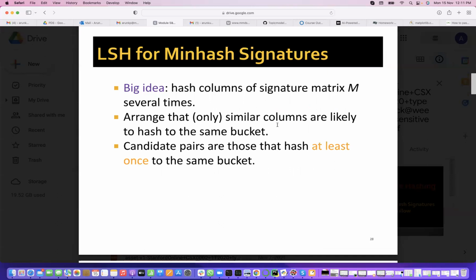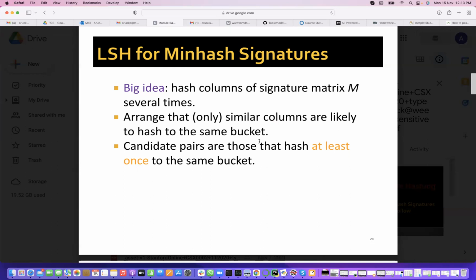Arrange that only similar columns are likely to hash to the same bucket. We are not going into the implementation. Our whole purpose is that if they are similar, they should be hashed to the same bucket. That is what we are trying to build, some hash functions. This is the big idea.